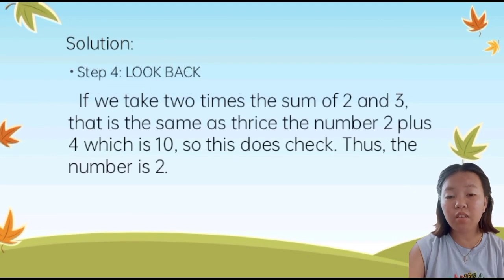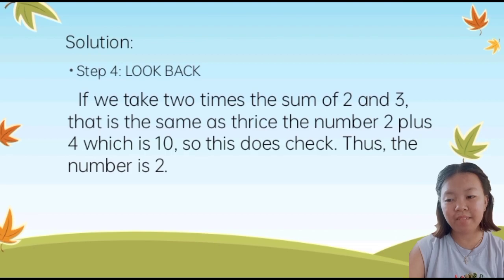Step 4, look back. If we take 2 times the sum of 2 and 3, that is the same as thrice the number 2 plus 4, which is 10. So this does check. Thus, the number is 2.